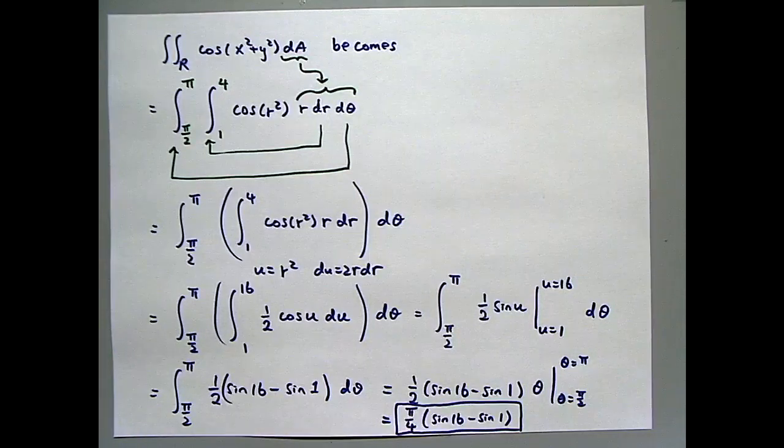Questions? Feel good about this? Yes? Let's do another one. Remember, the key is to remember dA is r dr d theta. And you've got to change your function f into polar.